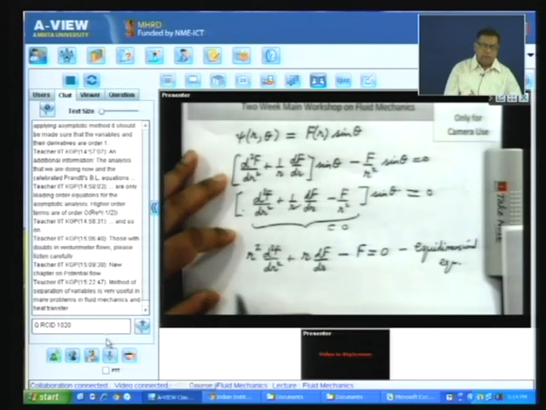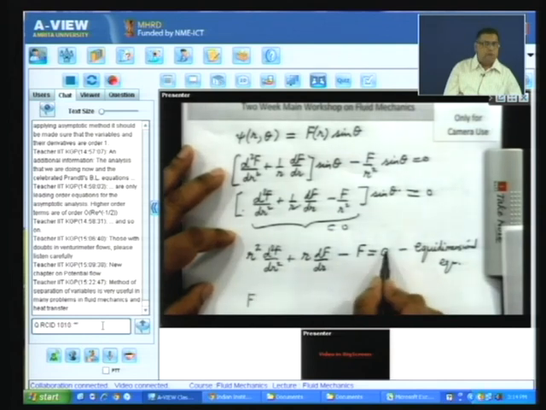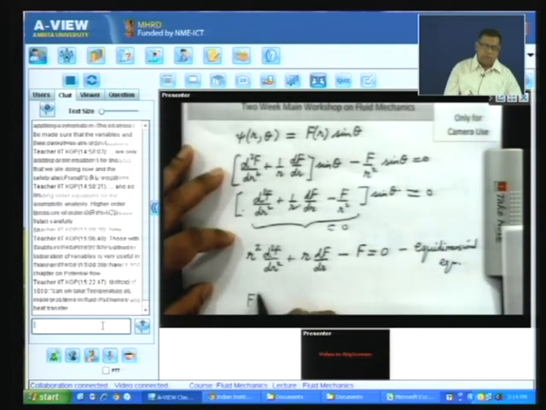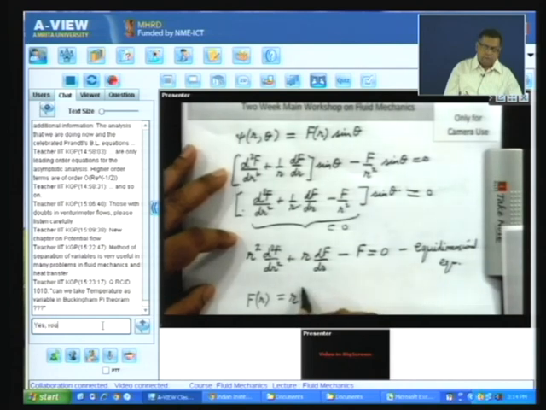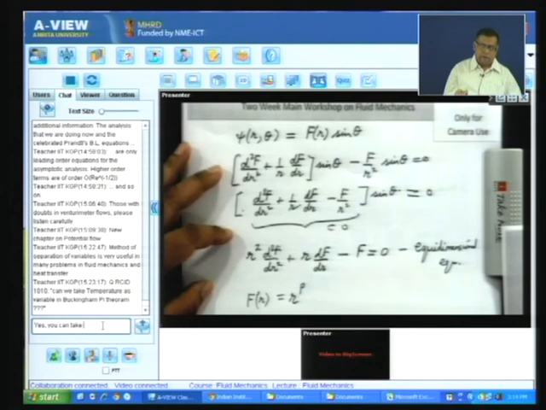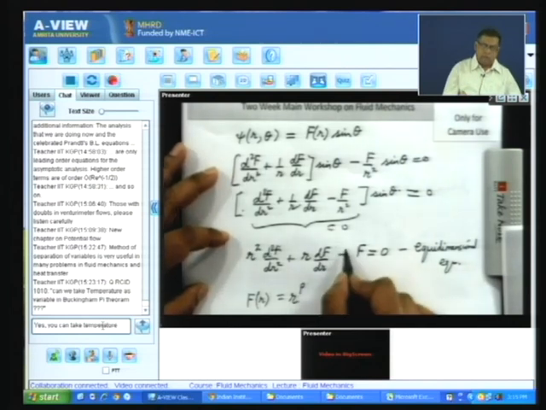A homogeneous equation of this form, where the right hand side is 0, has solutions of the form, say, r to the power p, where p is a constant. Now, let us see whether we can find p by substituting this into the equation.